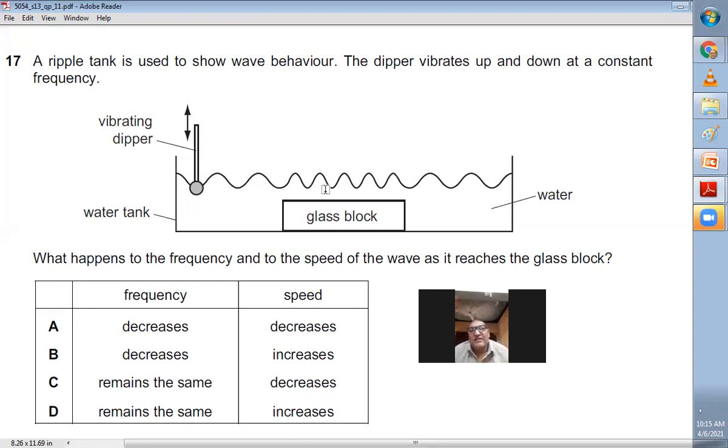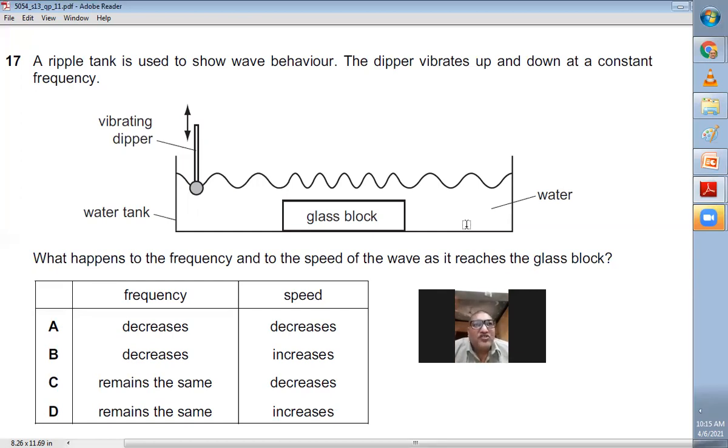And the frequency remains unchanged. It will be the frequency of the vibrator. And when they again reach the waters where the depth is larger, so the water is deep, again the wavelength will increase, the speed will increase, but the frequency will still be the same as that of the vibrator.